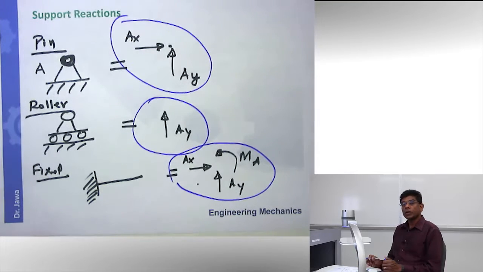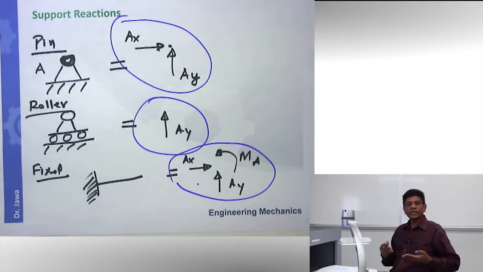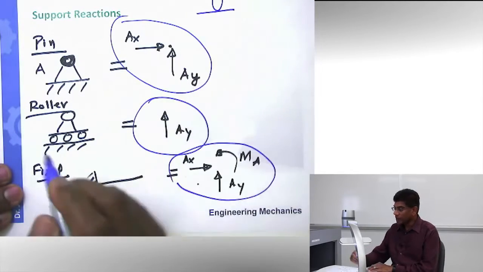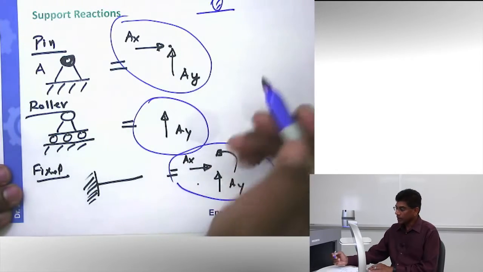In addition, you will also hear about a smooth surface. A smooth surface is like an icy surface, and if you stand on it, obviously the surface supports you because you're not going down, but it doesn't help you in keeping your motion away from X or Y direction. In fact, you can move along, and therefore a smooth support, which can be represented simply as a floor like this, and this is a body.